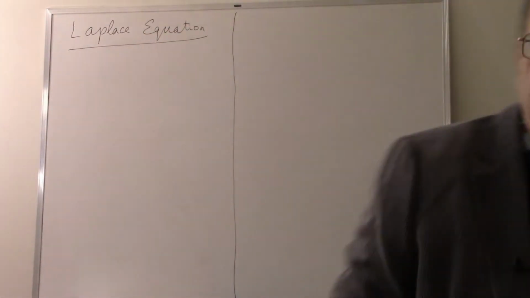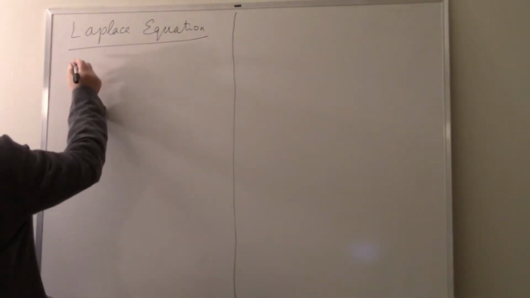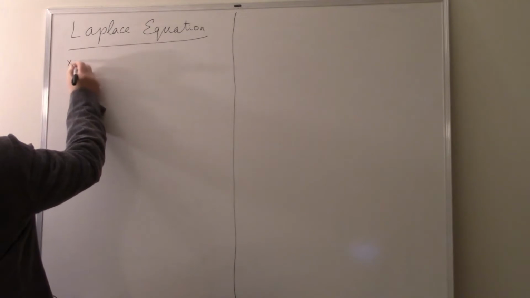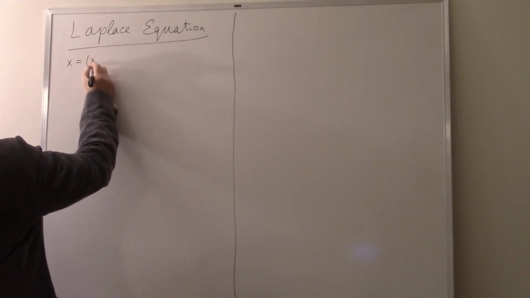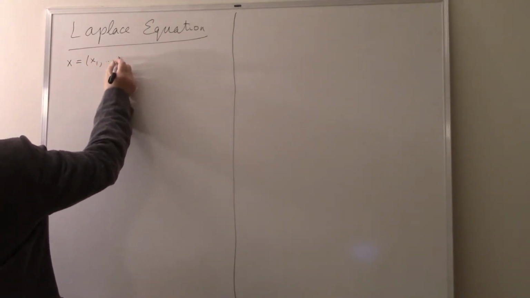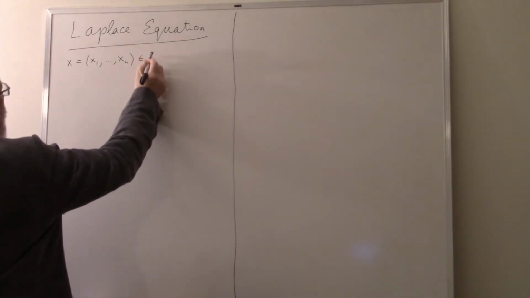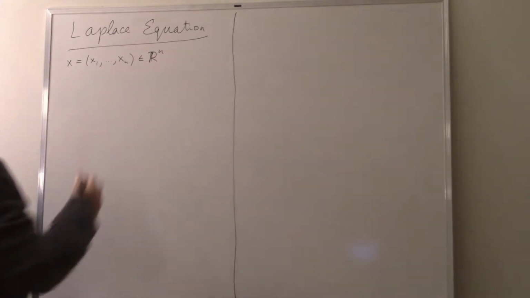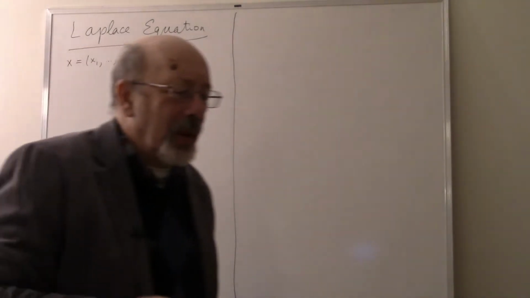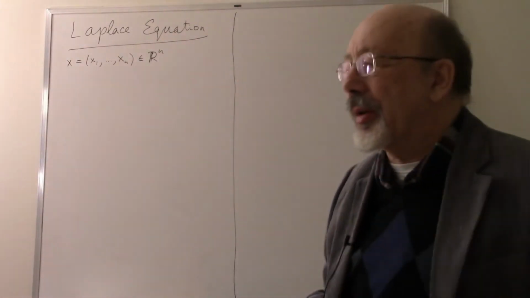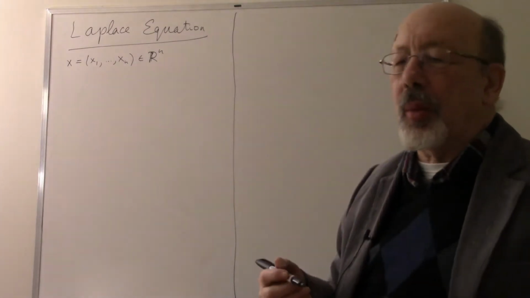So this is the following equation. X equals x1, ..., xn in Rn. So we consider it in the n-dimensional space, starting from n, even from n equal 1.